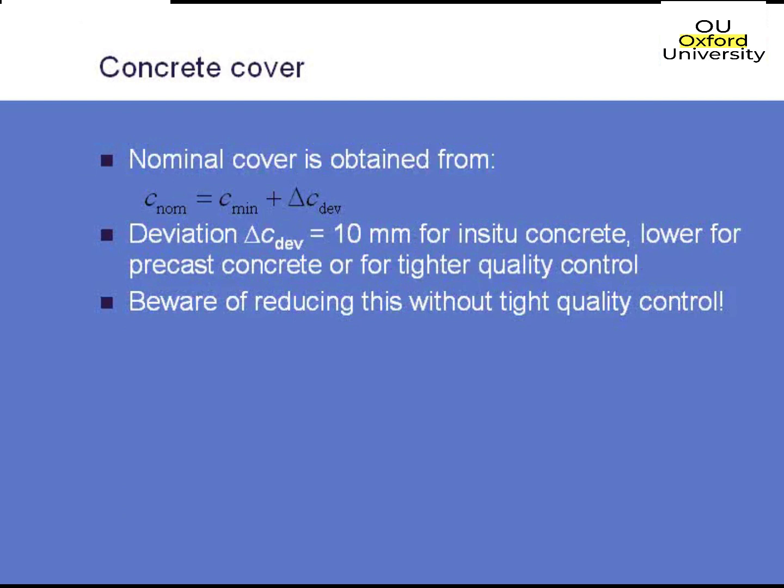So if you've got a precast member, and the precast fabricator can justify that they can achieve smaller tolerances in the fixing of the reinforcement, then you can reduce that. But I'd be very suspicious of anybody who said that they can have a fixing tolerance of 0 millimeters. I'd still go with about 5 millimeters, even for the precast members.